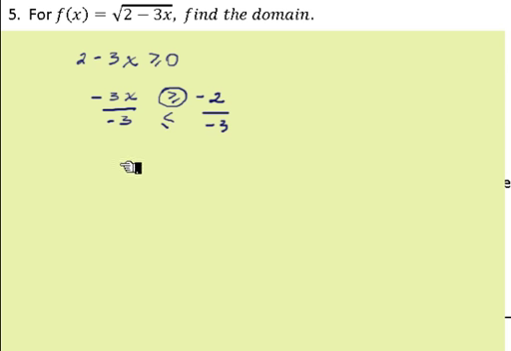So here we have x less than or equal to 2/3. And that's our domain. We can just write it like this, or if you want, we could use that capital X notation and say that the domain is equal to all values x that are less than or equal to 2/3.